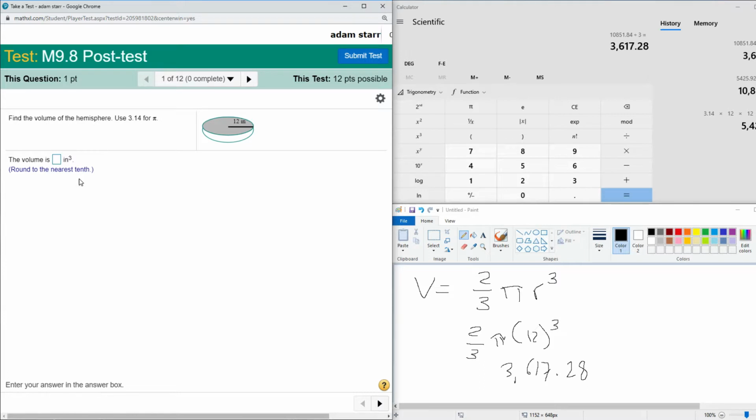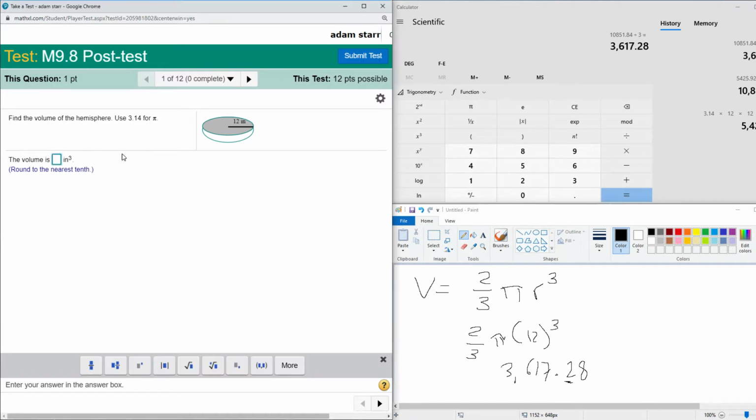It says to the nearest tenth, which is the first decimal place. So I'm really looking at the 8 to determine if that 2 stays a 2. Because this is an 8, this 2 will round up. So this will be 3,617.3.